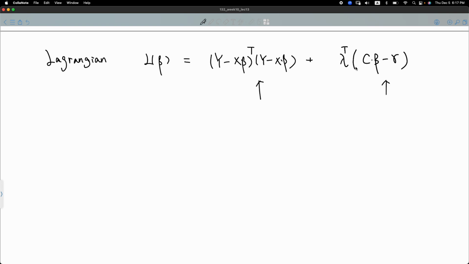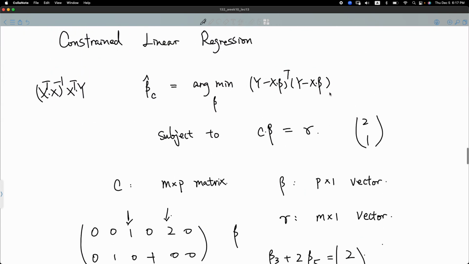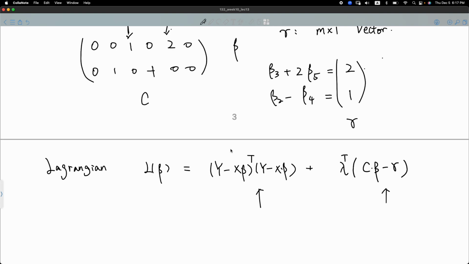The optimizer, or the beta that you obtain by solving this objective function, will not only minimize the original problem but also satisfy this constraint. So the Lagrangian is a bridge between your original problem and the constraint. After you solve that, the beta that you get will not only minimize this part, but will also satisfy this constraint. So that is the role of the Lagrangian. And this is a very, very important concept in optimization.